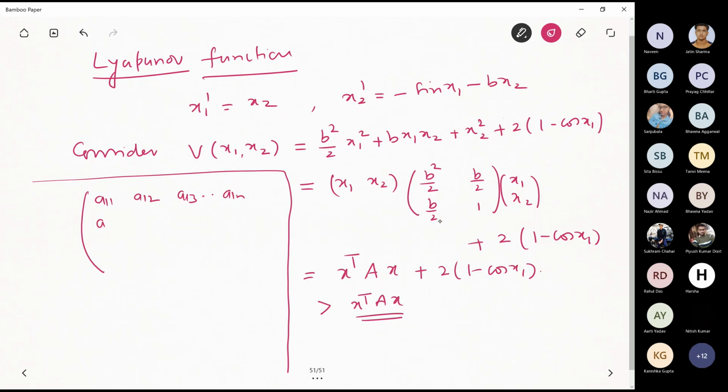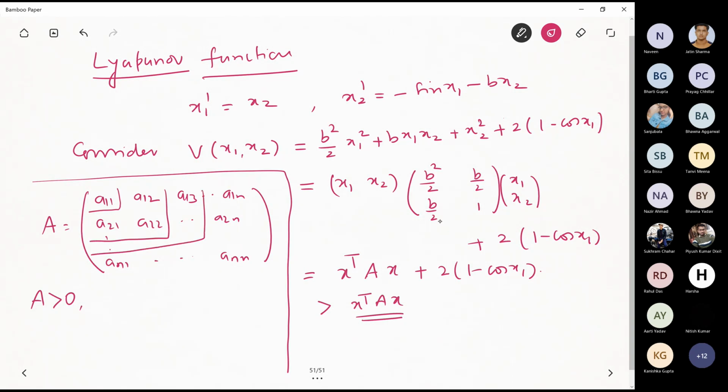A11, A12, ..., A1n, A21, A22, ..., A2n, An1, ..., Ann. So this matrix A is going to be positive definite if you have these determinants: A11 is positive, and then look at this determinant and this determinant. Like this, all these determinants are positive.